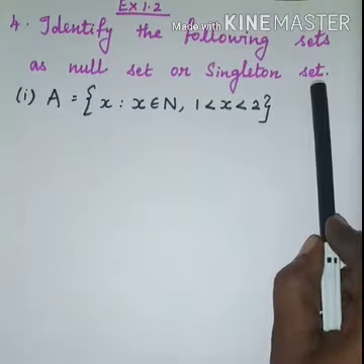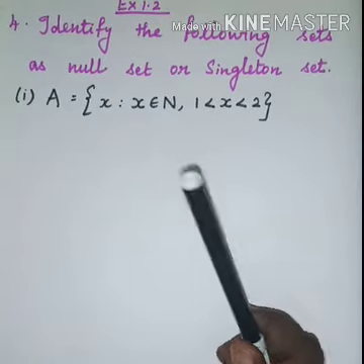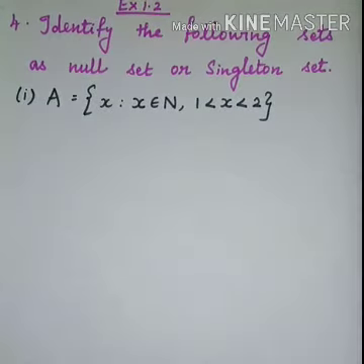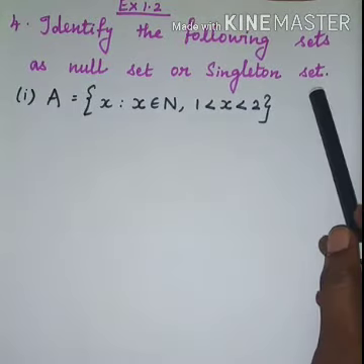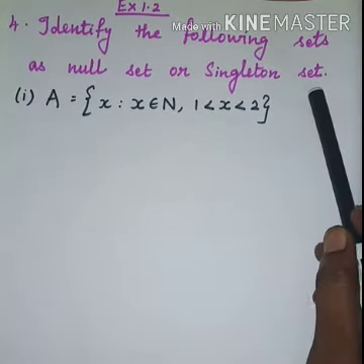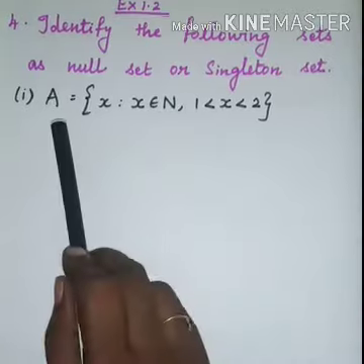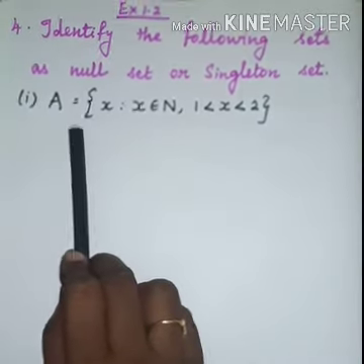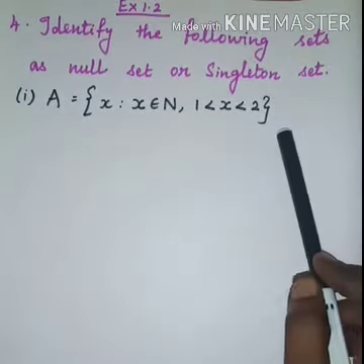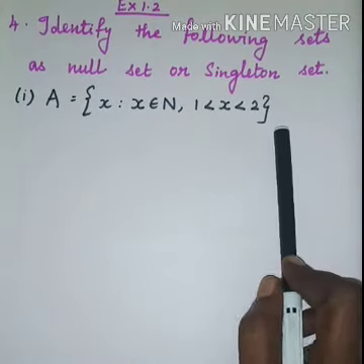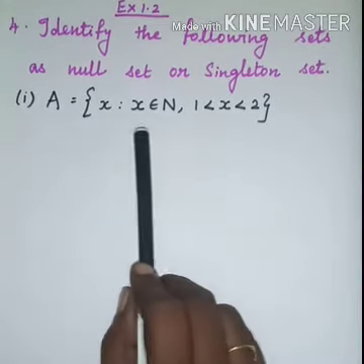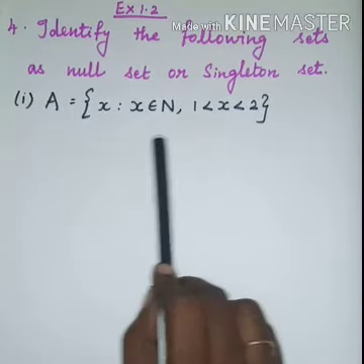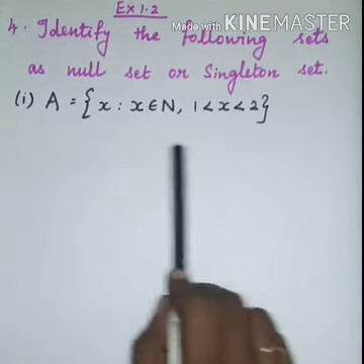What is a singleton set? The set which has only one element is called a singleton set. So now we have to find whether this set A is a null set or singleton set. Does the set A have one element or no elements?